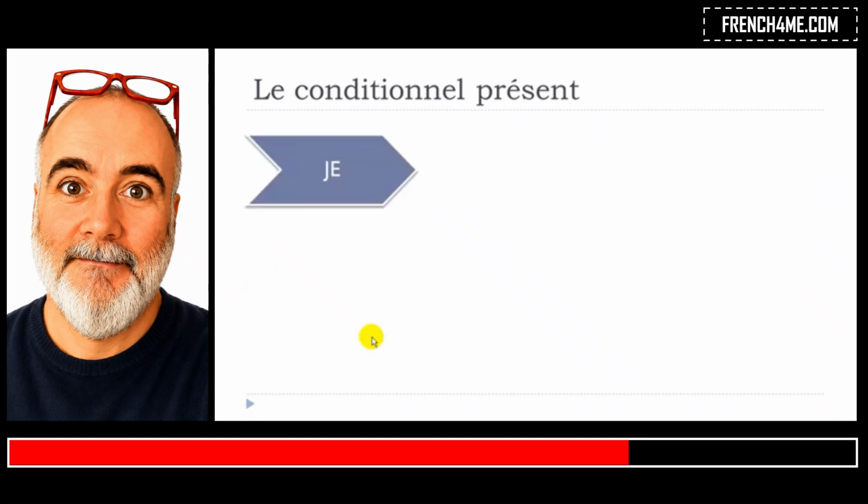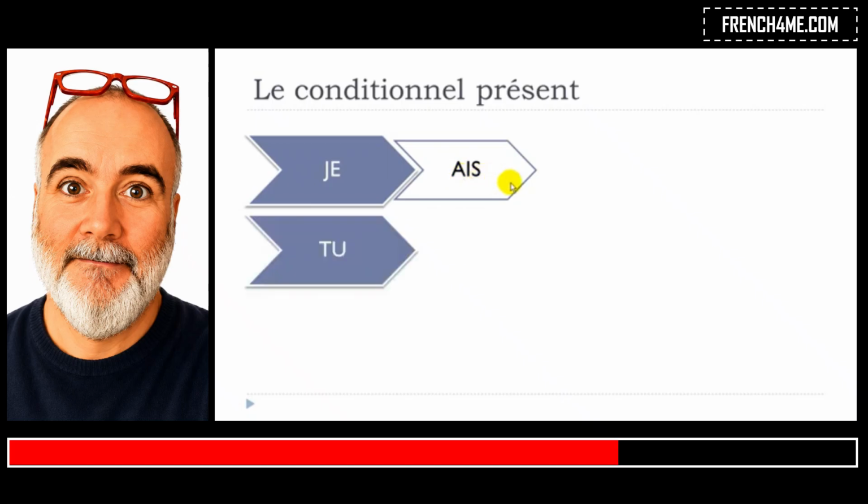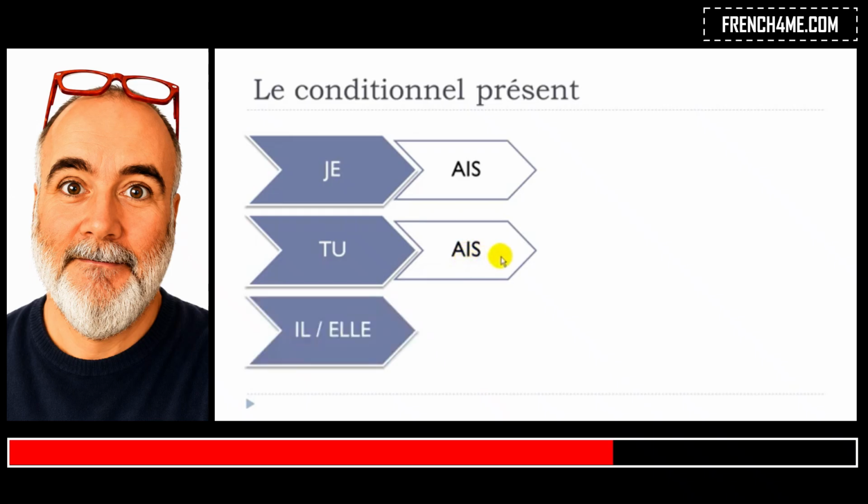So the endings now. So we saw previously that the ending for je will be AIS, okay? The ending for tu will be, well, the same, AIS. The ending for il, elle will be AIT, okay?